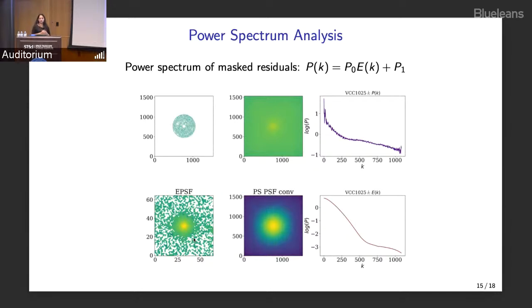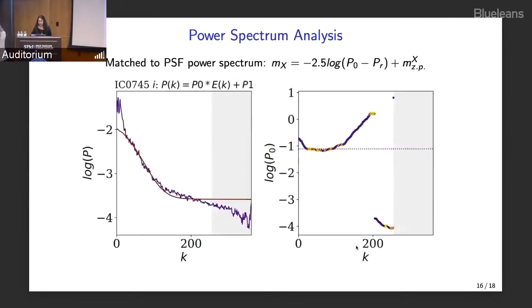So this is one result that we have from CFHT. We've compared the power spectrum of the PSF, which is in the bottom right frame, and just above it with the squiggly lines is the power spectrum of the galaxy. When we match the power spectra, what we get is a very good handle on the SBF spectrum.